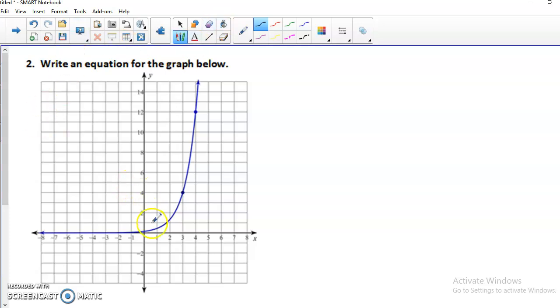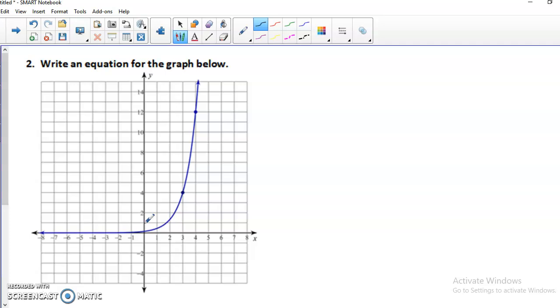Every exponential function starts at the point 0, 1. And if you think about it, if say the base was 2, 2 to the 0 power is 1. 3 to the 0 power is 1. 1/2 to the 0 power is 1. So whenever we input 0, we always output 1. And that's why 0, 1 is always on our graph.